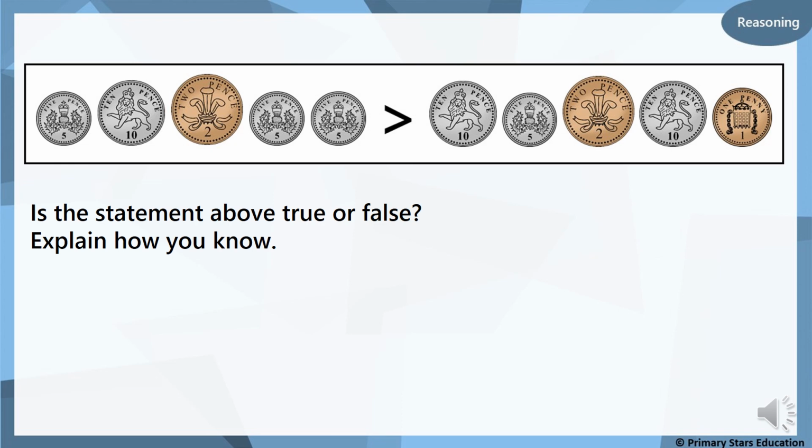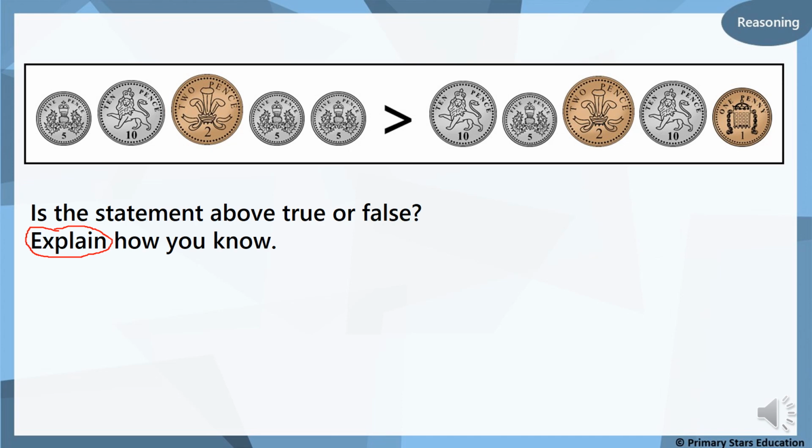Now have a look at those coins for me. And the question is, is the statement above true or false? And the important part here is to explain how you know. So the first thing we want to do is count up the value, the amount shown on either side. So we've got 5, 15, 17, and we can add these as a 10.